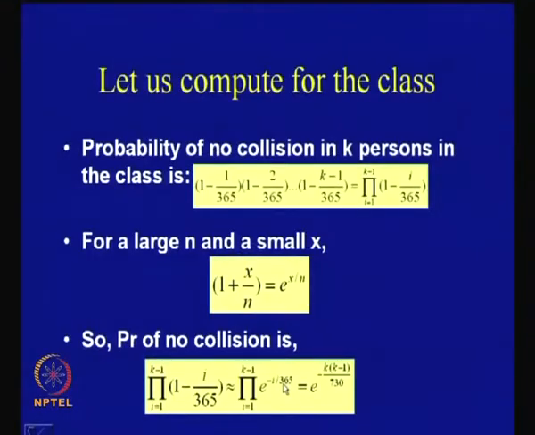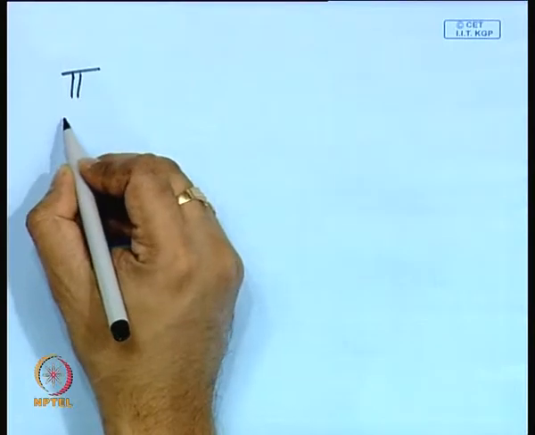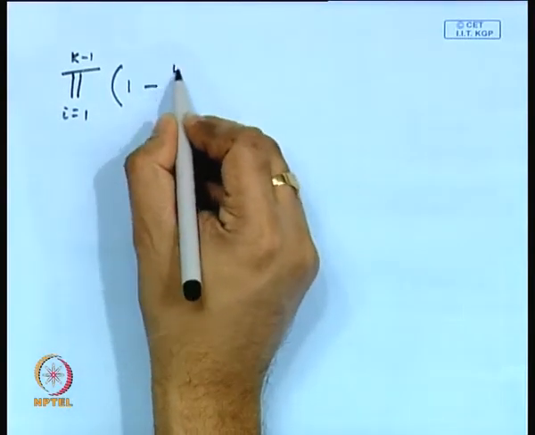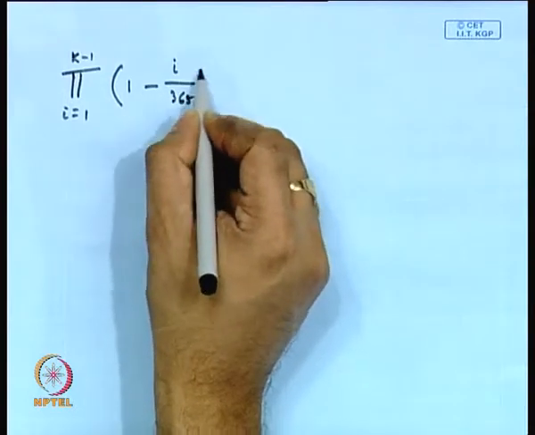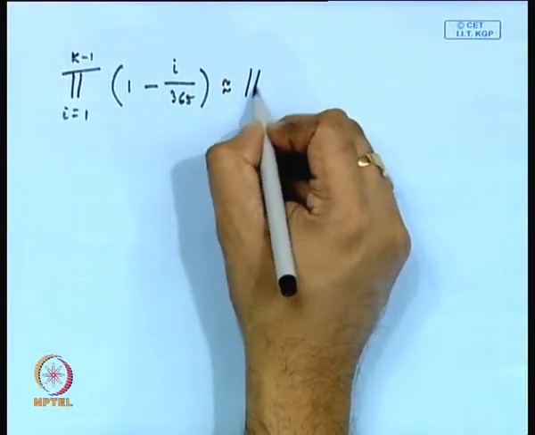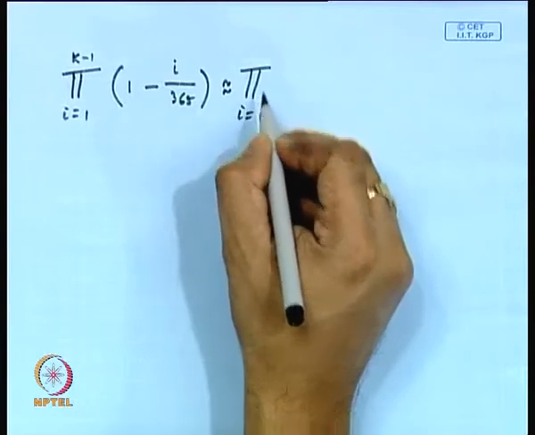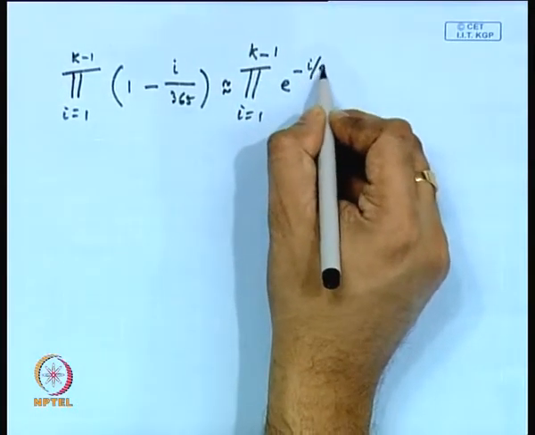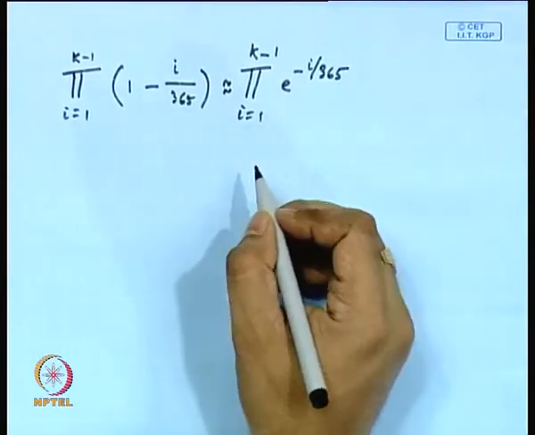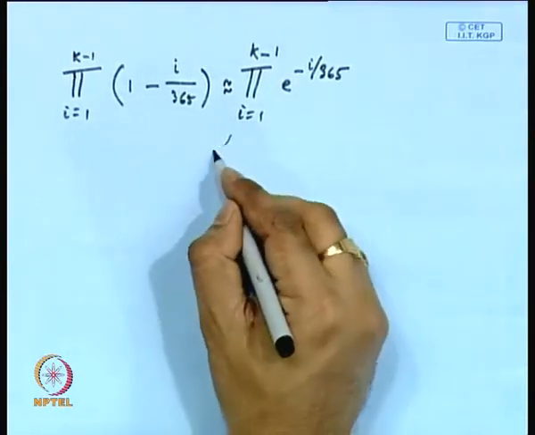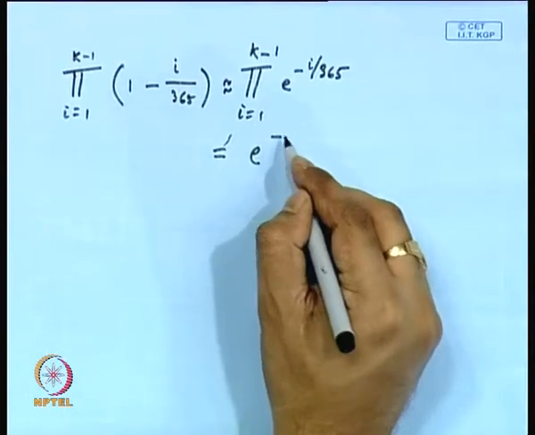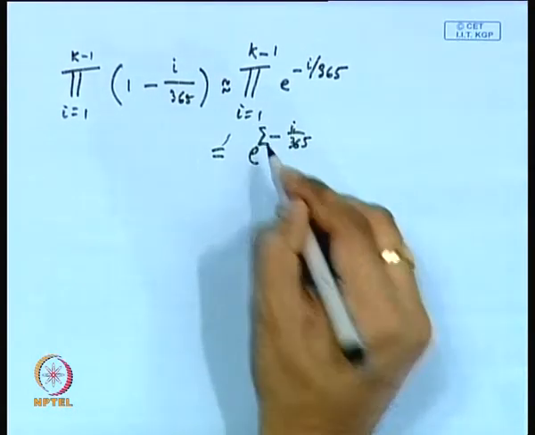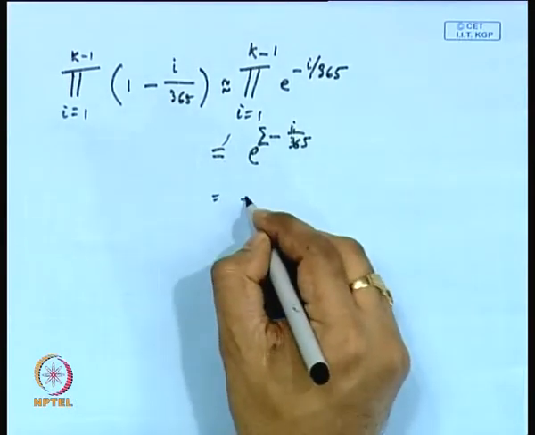See, what we are doing is this: for i equal to 1 to k minus 1, we multiply 1 minus i by 365. Using the approximation, that is the product over i equal to 1 to k minus 1 of e to the power of minus i by 365. When we do this product, we are doing a summation in the power.